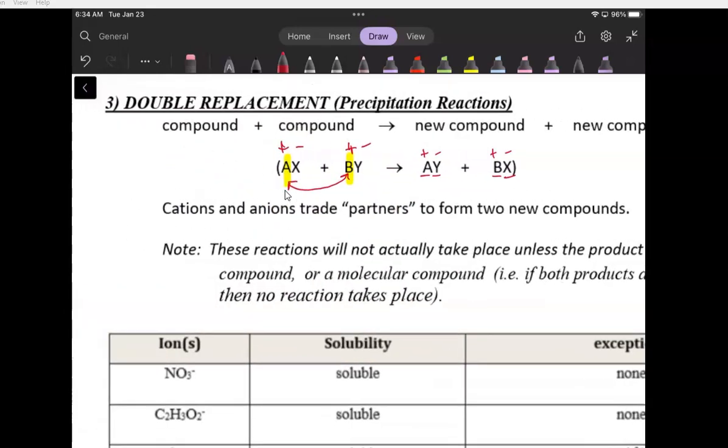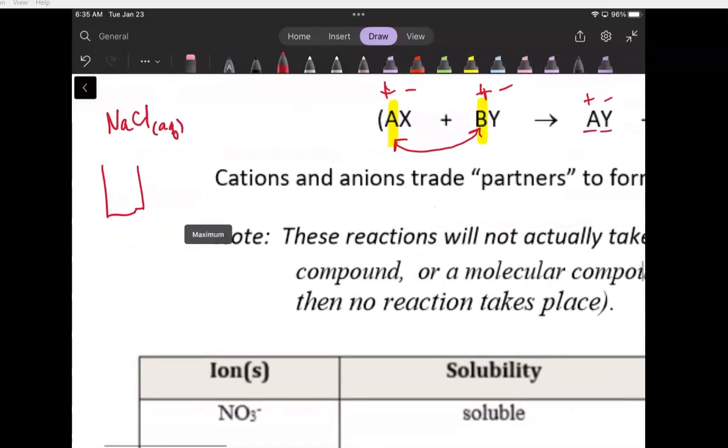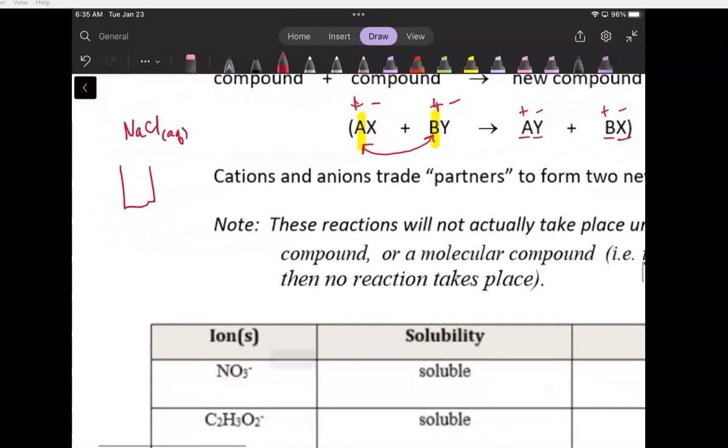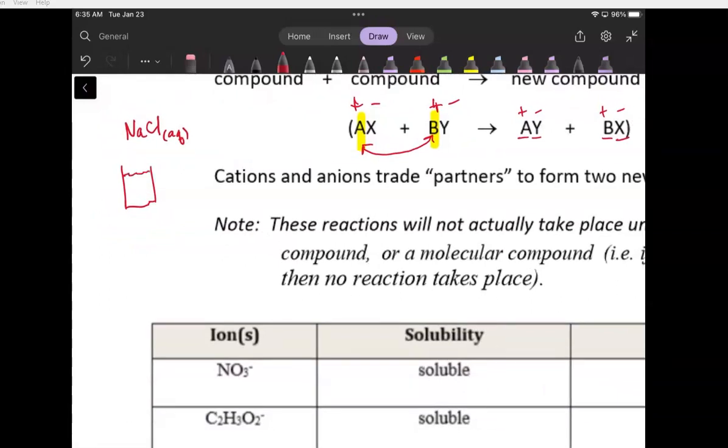So, for example, AX, my first compound, might be NaCl aqueous. And what that means is if I have a beaker of this stuff, in that beaker, it's not going to be NaCl crystals stuck together. It's going to be a bunch of water and some positive Na and some negative Cl separated by water.